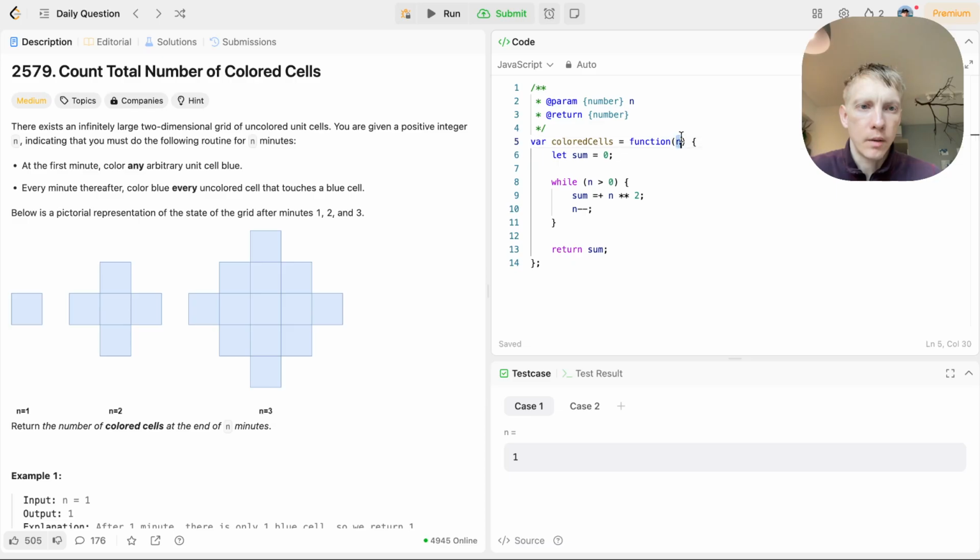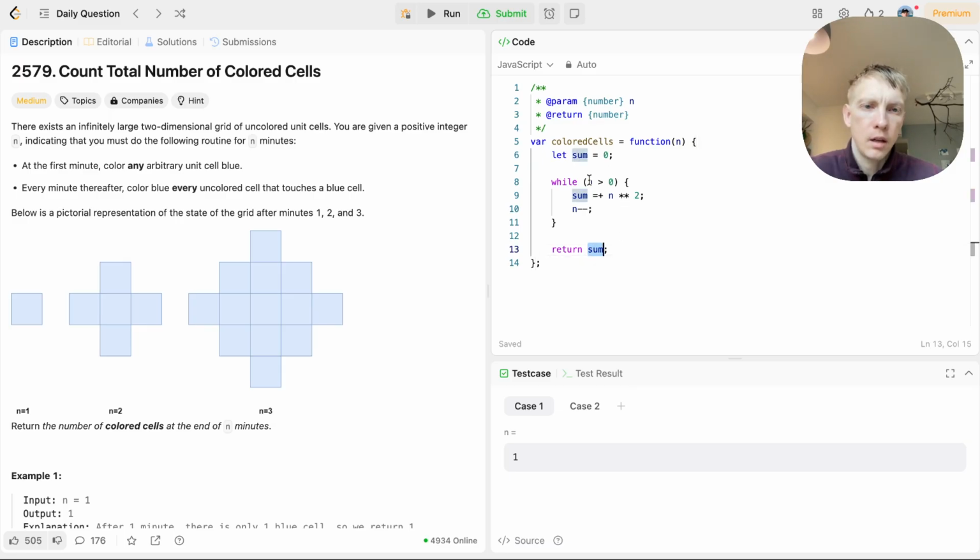We have 1. 1 is bigger than 0. Yes. Sum plus 1 to the power of 2, which is 1. And sum is 1, n is 0. Then we're returning 1.